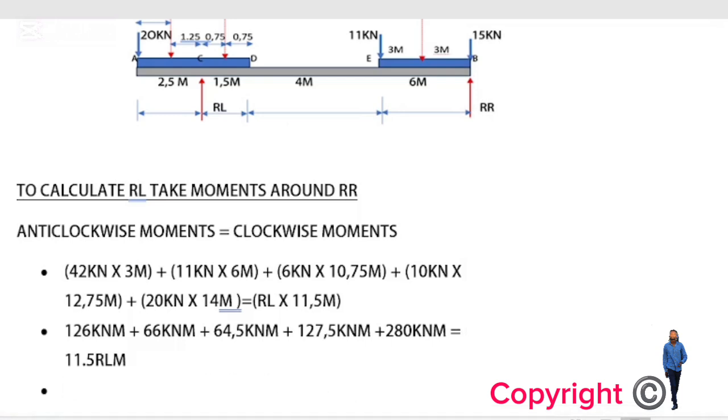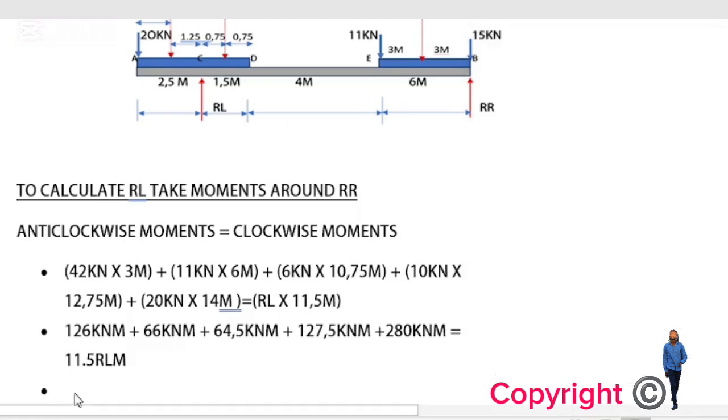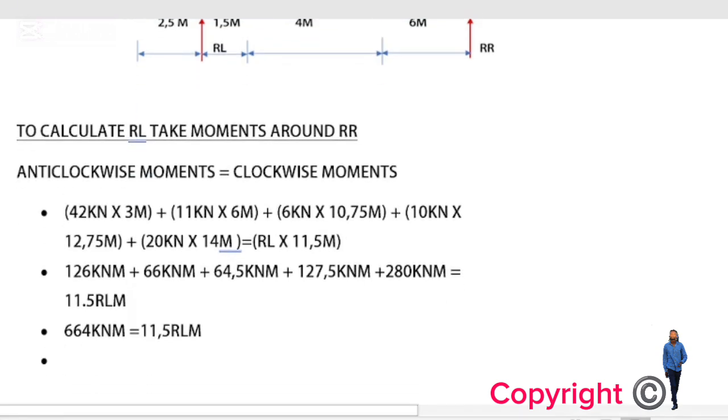Let me check. 126, 66, 64.5 plus 127.5 plus 280, 664. This one is 664 kilonewton meters equals 11.5 RL.